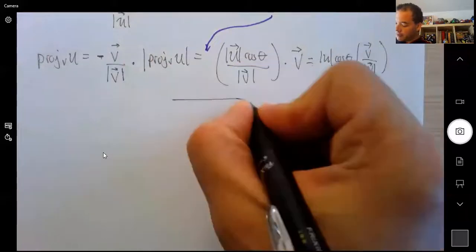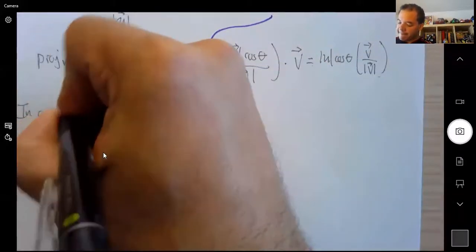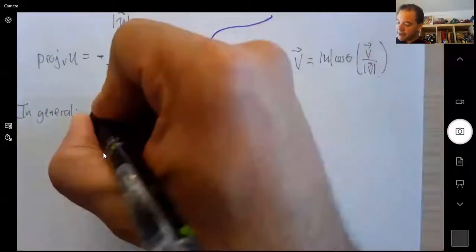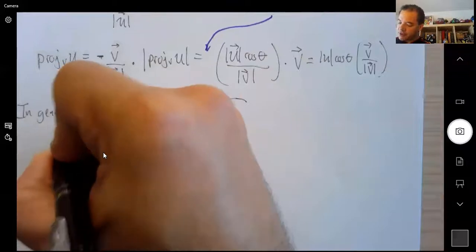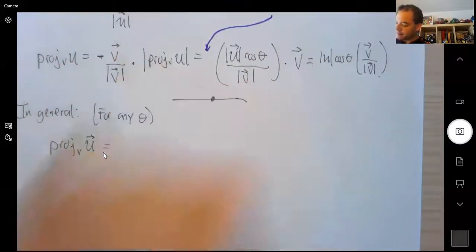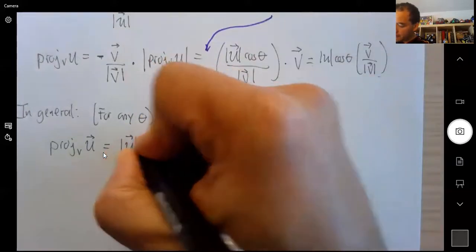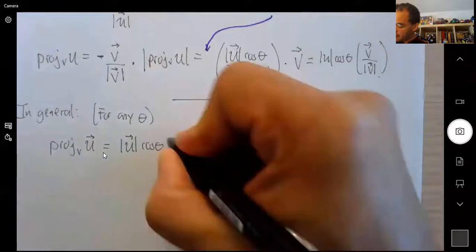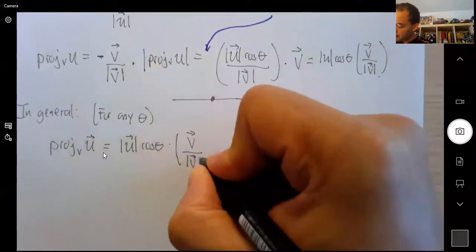So here we go, let's summarize it. In general, for any theta, the projection of u onto v is this number: magnitude of u times cosine theta, times the vector v over magnitude of v.